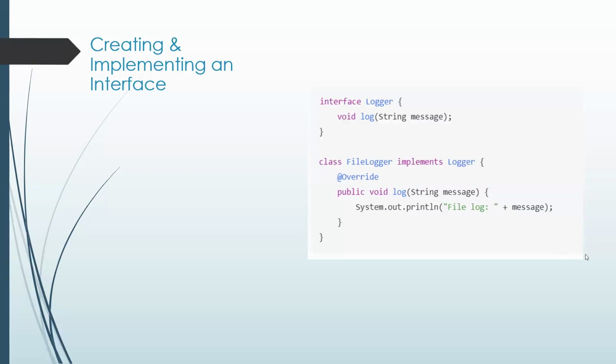All right, creating and implementing an interface. The way you create an interface is with the keyword interface. So we're creating this Logger interface, which has an abstract method, which is a log method. You pass it a string, and it logs it to the console. You have a FileLogger, which implements Logger. And it implements the method log, which is inherited from the interface.